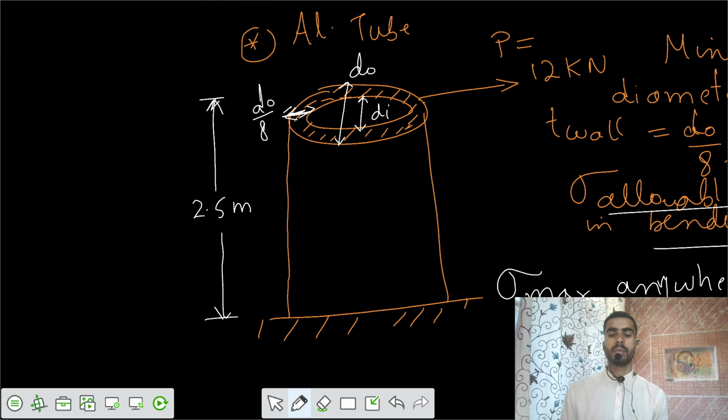So since the beam is prismatic, the cross section is the same, remains constant throughout the length.